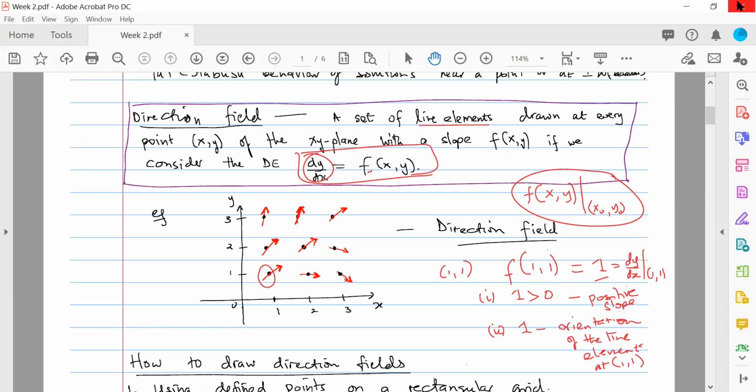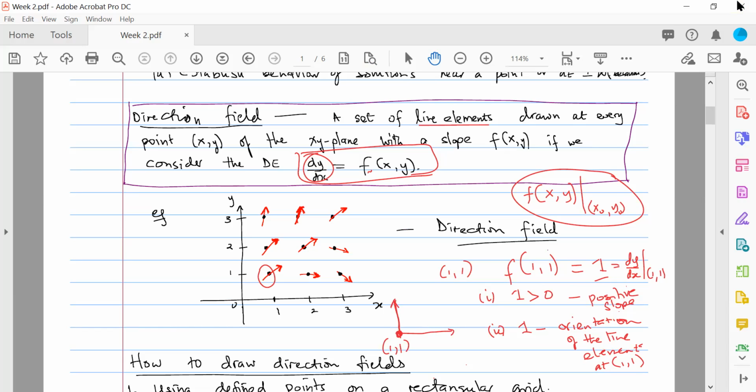So whenever we evaluate the derivative at a given point, we have two things to talk about. One, the sign of the slope, whether it's a positive or a negative slope. Or two, the orientation of the line element. So we go to a point, let's say this is the point (1, 1), and we assume that we have the x and y axes at that point.